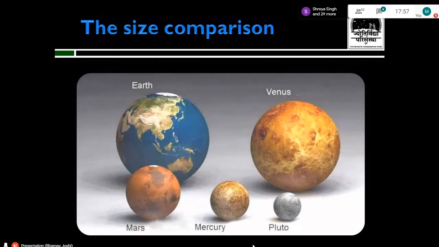And then we have Mars and Mercury. Mercury is the smallest planet, and you can see Pluto is included here because this image is from before. But right now Pluto should not be there because it has been demoted from the rank of a planet. Mercury is the smallest planet, and Mars is the second smallest. You can see the Earth is so huge compared to Mars.